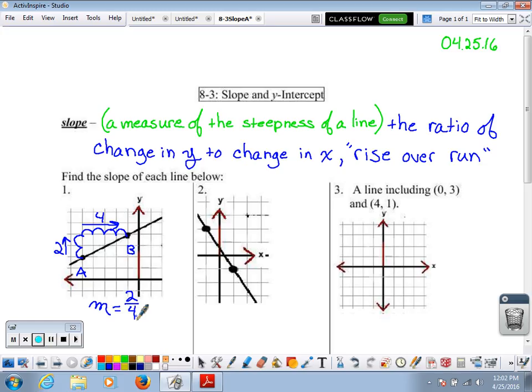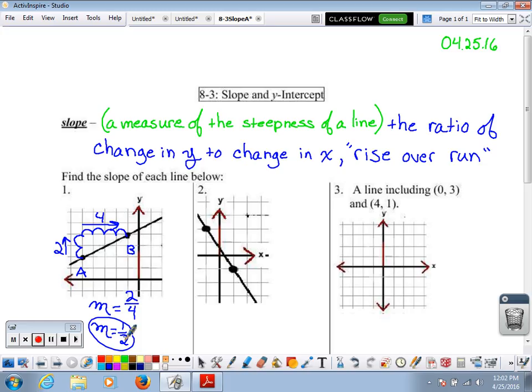We went up 2 and we went over 4. Well, it's a fraction. What do we always do with fractions? Simplify. So I wouldn't leave it as 2 over 4. We would say m equals 1/2. M is the variable that we use for slope. It's the one that's always going to get used for slope. M as in Mike.